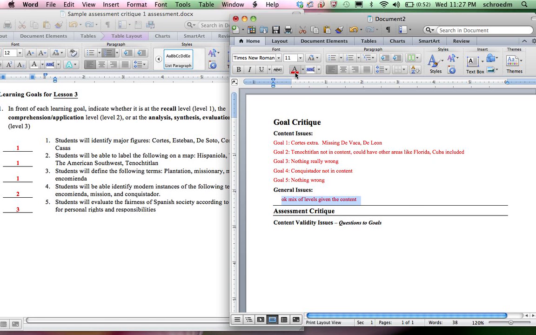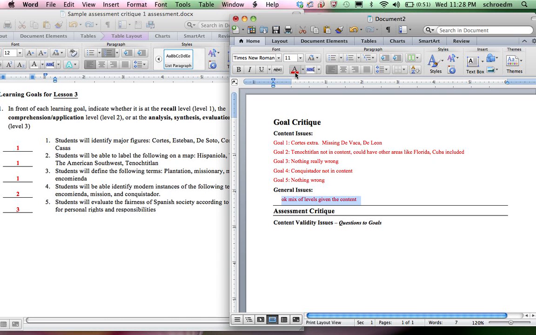I'm also looking at, well, do I have just an overall mixture of cognitive goals, or are they all level 1, all level 3, and really not mixing up the different cognitive tasks that I'm giving my students.